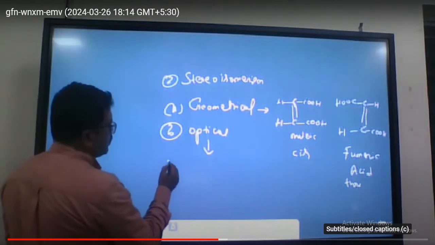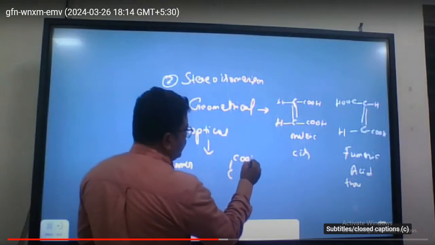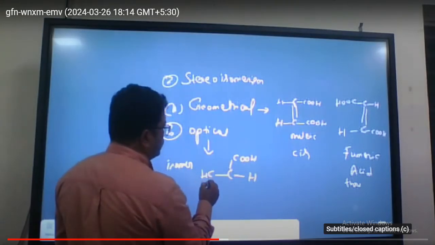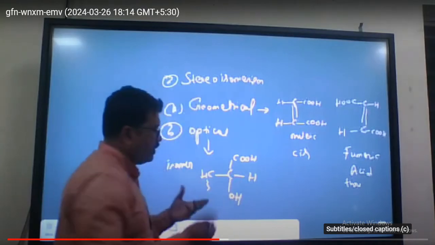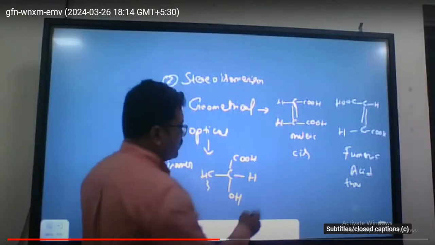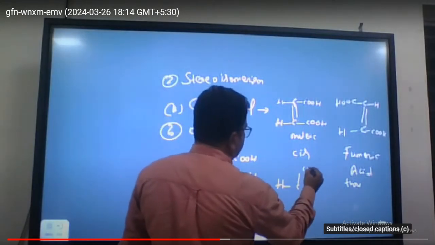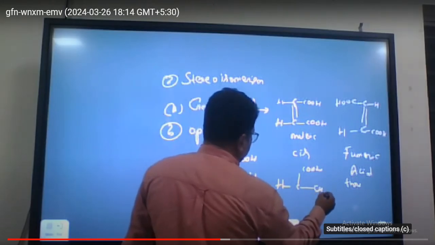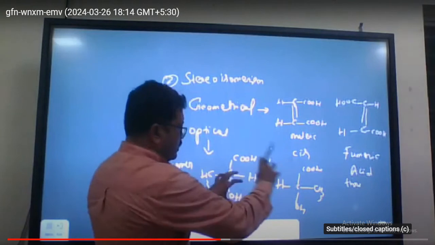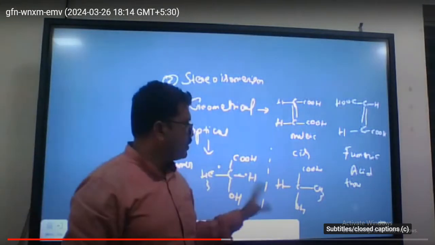Optical means isomers, but here the carbon is attached to all different functional groups or atoms. This is a mirror image, but we can't superimpose it. The mirror image is not superimposable.